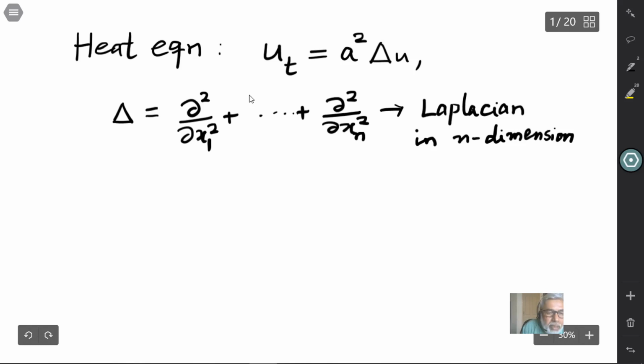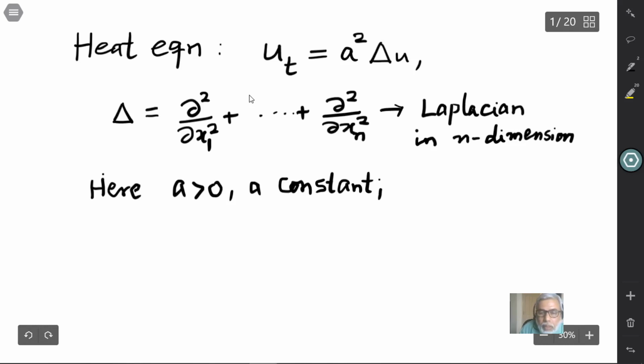So here a is a positive constant, and it's called the coefficient of diffusivity.